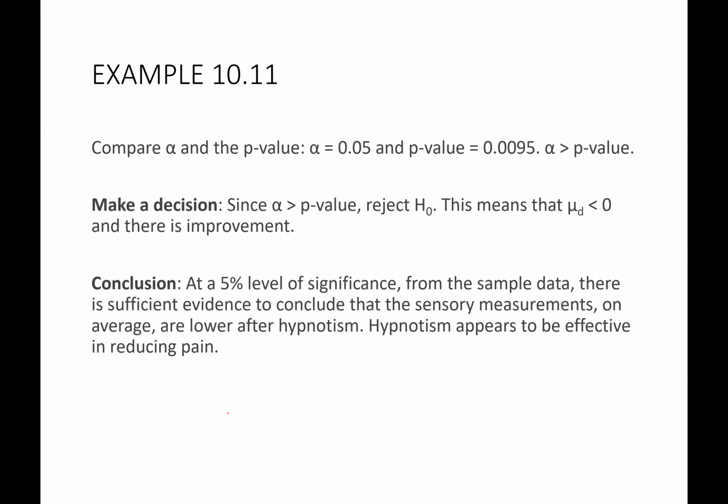This means that the mean of the differences is less than 0, and there is an improvement. So at a 5% level of significance from the sample data, there is sufficient evidence to conclude that the sensory measurements on average are lower after hypnotism. Hypnotism appears to be effective in reducing pain.